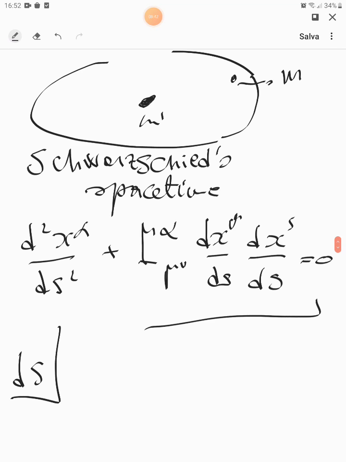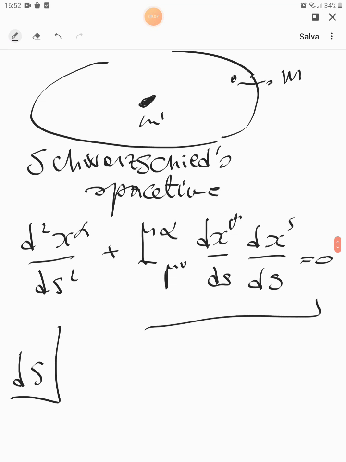So, for example, I see a body and I measure its time. It measures its own time, ds, different from my time.